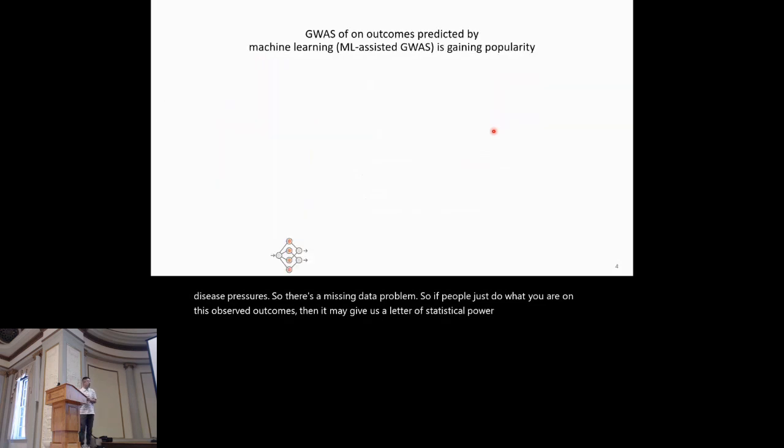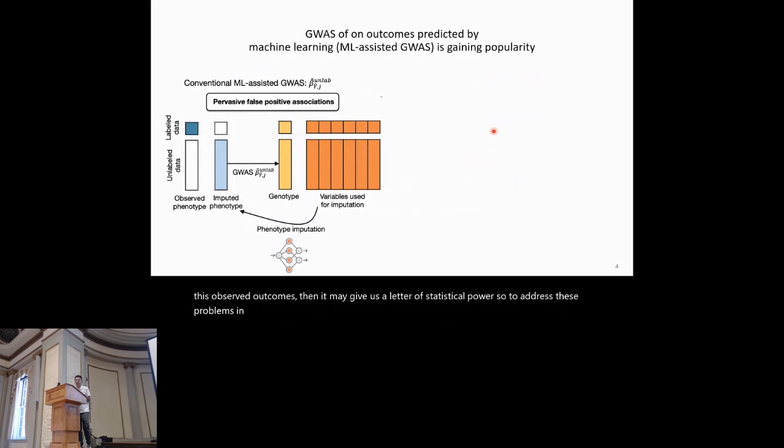To address these problems, in the literature people have proposed a new study design called machine learning assisted GWAS. The basic idea is that in the dataset you collected, you have the phenotype for only some samples, and if you only run a GWAS there, you will lack statistical power. So people want to use the whole dataset with the genotype information. They use easy-to-measure covariates and machine learning to impute the phenotype, and then directly conduct a GWAS on the imputed outcome.